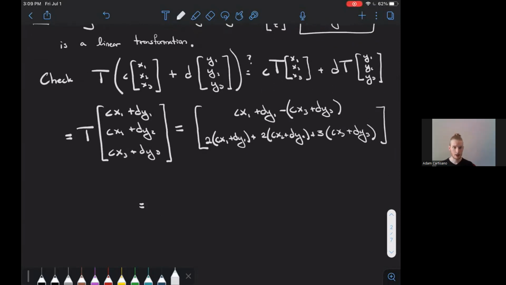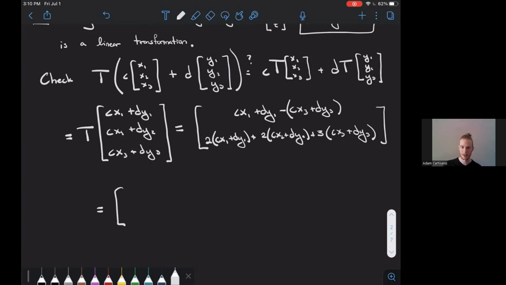Okay, what we'll do first is just distribute everything. In the first entry, I'm going to distribute the minus sign and switch the order of the minus cx3 and the plus dy1.